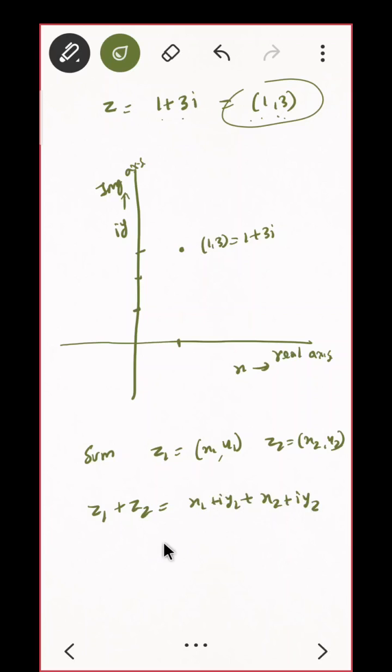Then their addition will be, take real parts together, that is x1 plus x2 plus i times the bracket y1 plus y2. So what will be your z1 plus z2? That will be, first coordinate will be x1 plus x2, comma, y1 plus y2. So this is the addition.